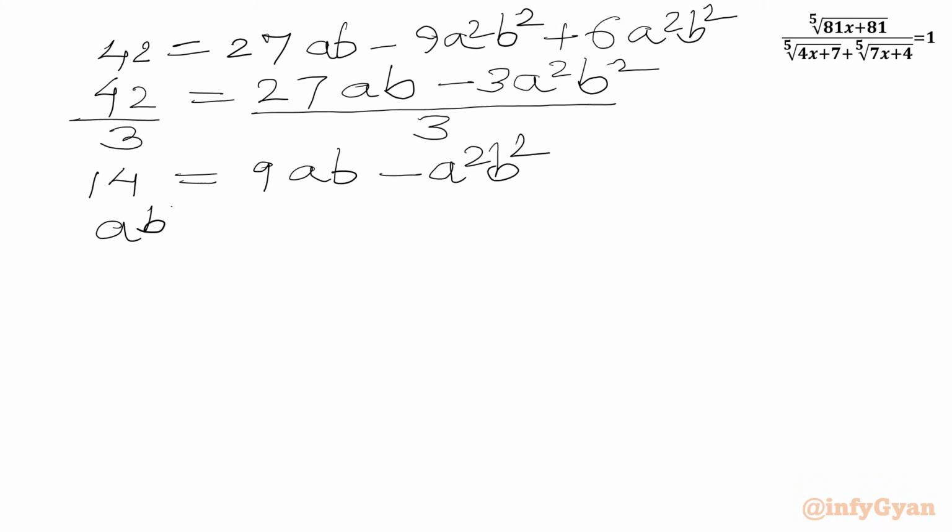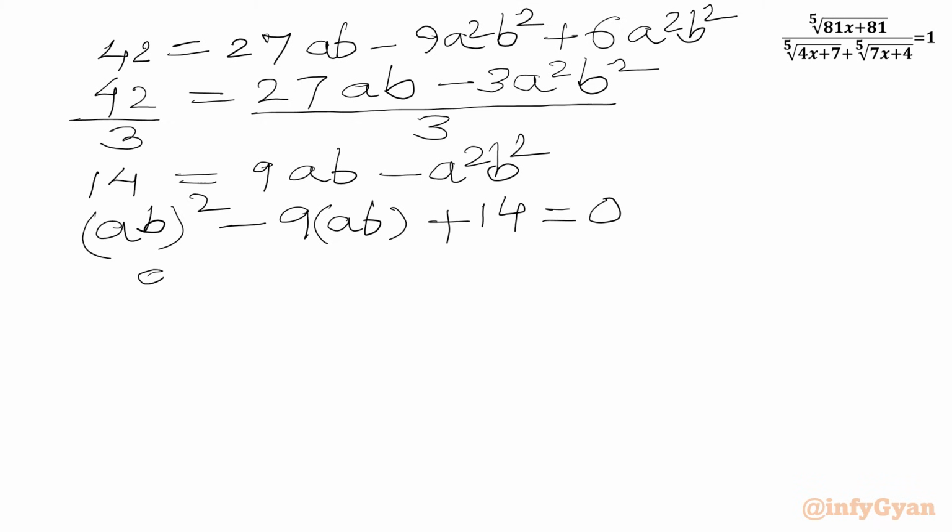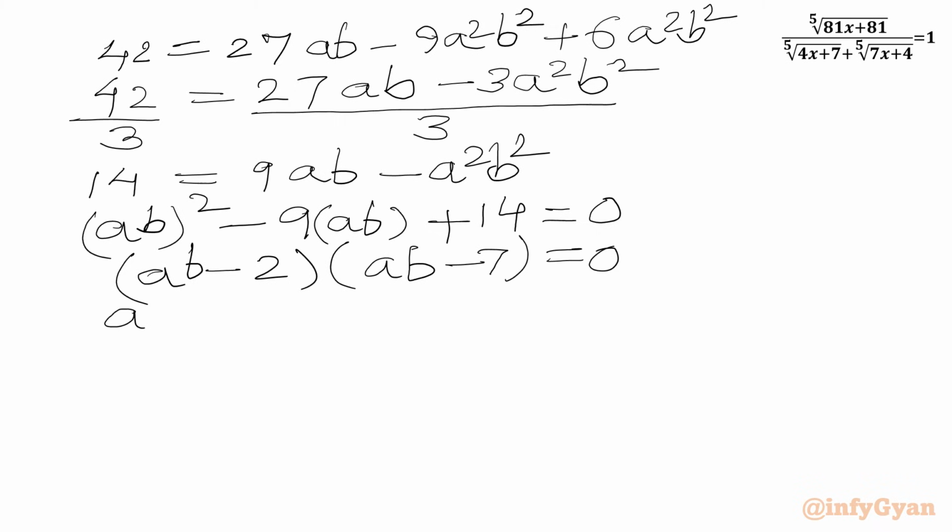We will get (ab)^2 minus 9ab plus 14 equal to 0. Now we can easily factorize: (ab minus 2) times (ab minus 7) equal to 0. Using the product zero rule, we will get ab equal to 2, ab equal to 7.